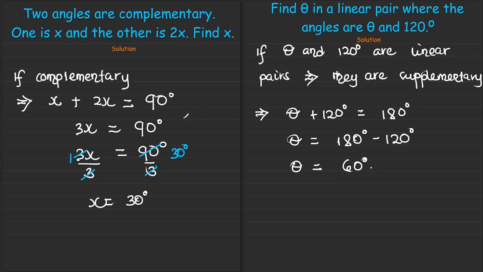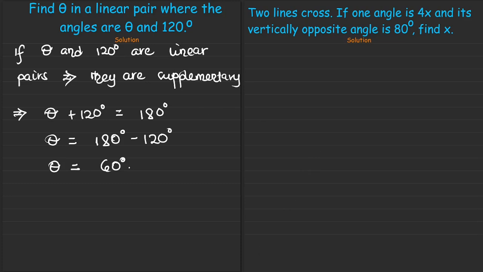One last question. In this last question we have here, it says two lines cross. Now if one angle is 4x and its vertically opposite angle is 80 degrees, find x. Sometimes you can best interpret when you visualize.